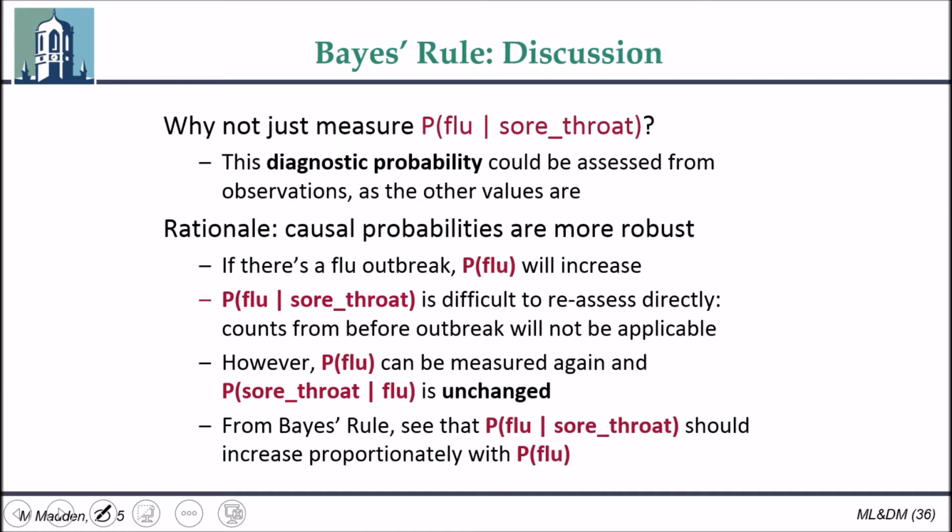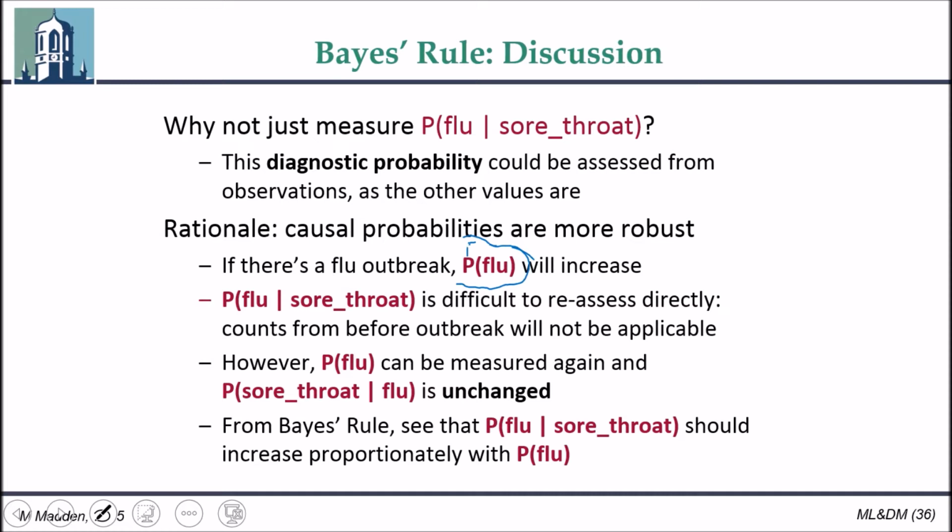And the reason for that is that flu and many diseases can change their frequency from time to time. We well know that flu is a seasonal disease. It crops up mainly at winter time. So if there's a flu outbreak, the probability of flu will increase.